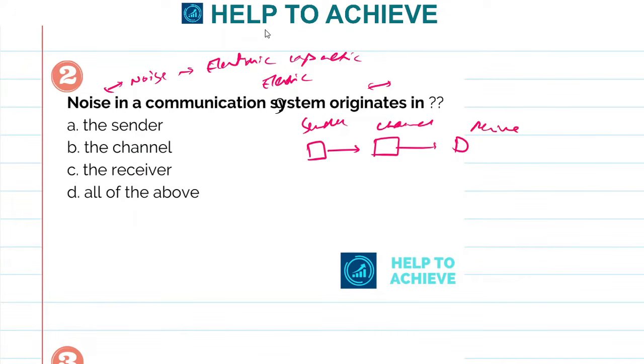Noise can be generated at any of these points because these also consist of electronic devices. So the sender will consist of noise, the same as in the channel and also in the receiver. So the correct answer is all of the above. Noise is generated in all of these stages.